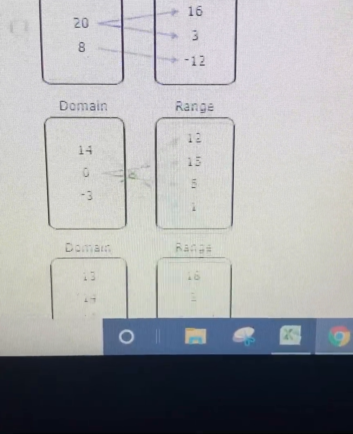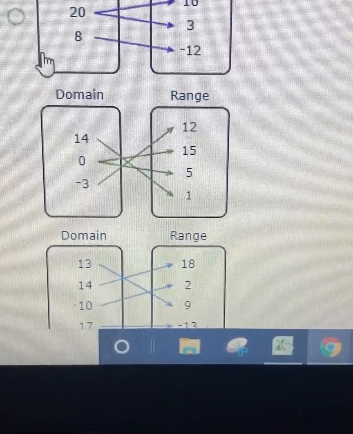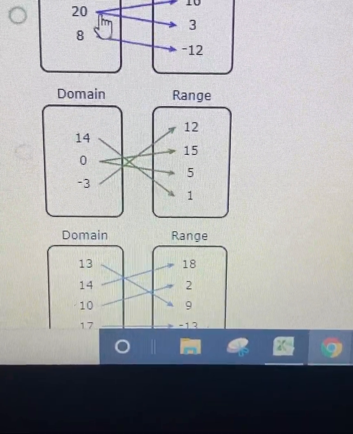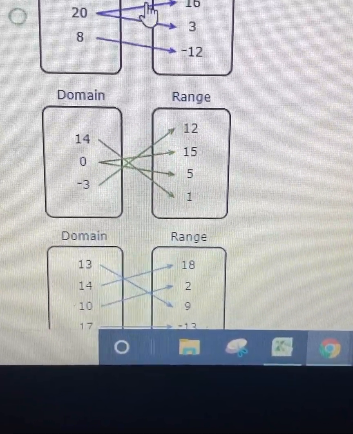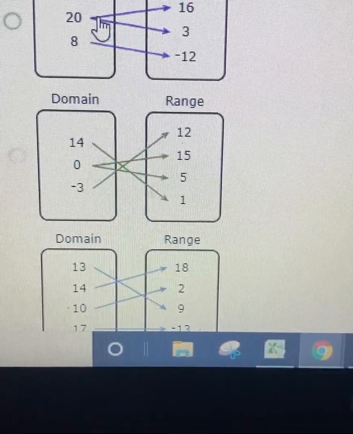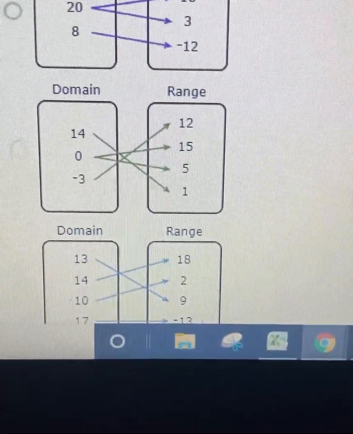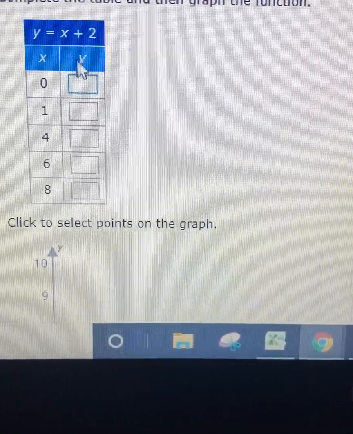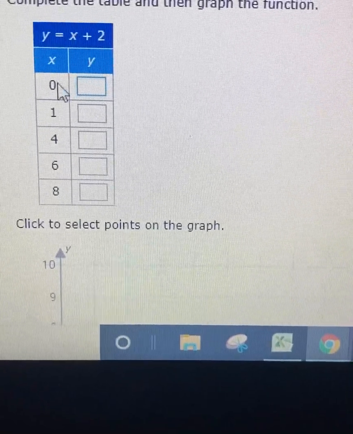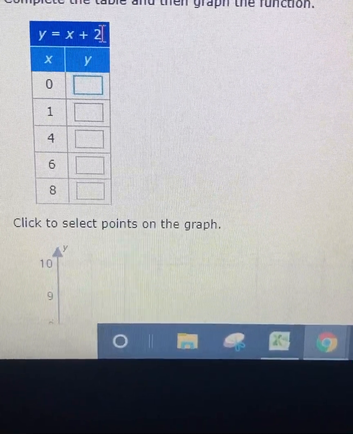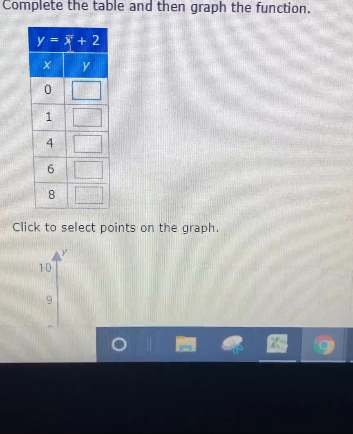All right, this is the last thing, and this is exactly what I was looking for. What it looks like here is they just draw arrows. So basically what they're saying is you put in 20 to an equation and you get out 16. Then you put in 20 again and get out 3. You can always think about it like this: here's your equation, even though they're not showing it to you. I put in 0 and got out 2, then you put in 0 again to the exact same equation and for some reason get out 5.